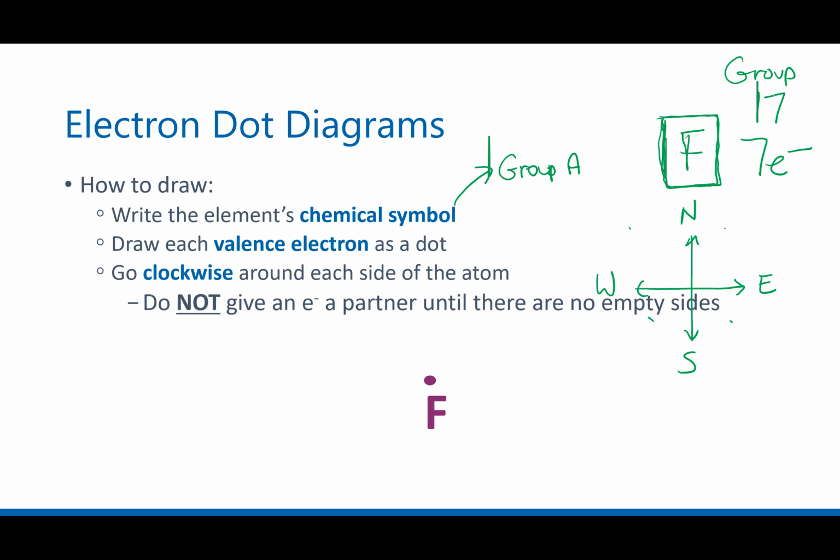If you're not familiar with clockwise, it's in this direction. An old clock would go from the top, 12 o'clock, towards the right. So it spins towards the right and around.